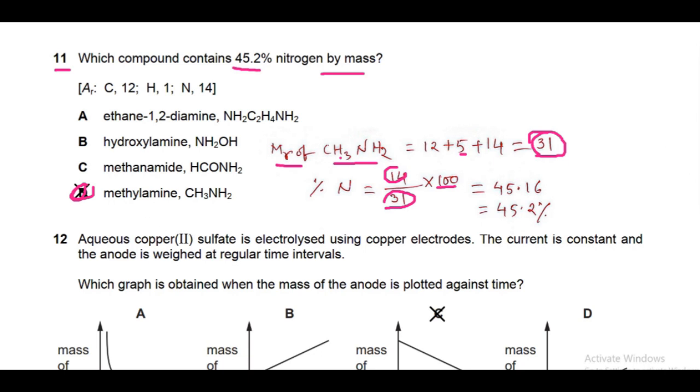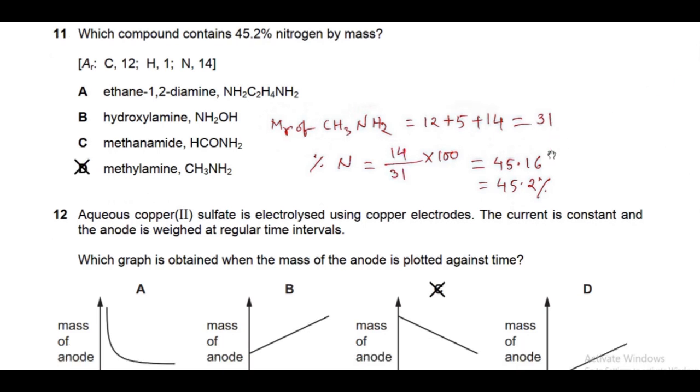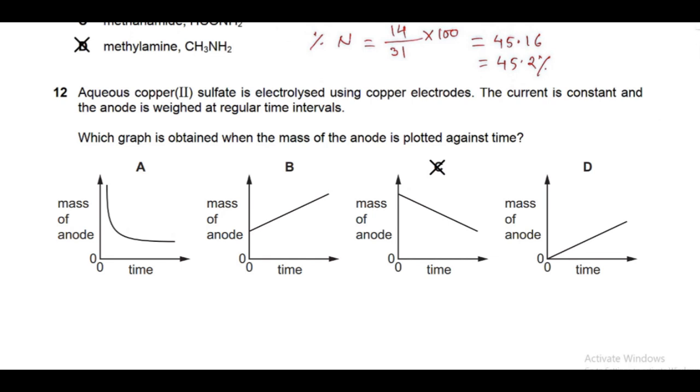Then next, aqueous copper(II) sulfate is electrolyzed using copper electrodes.